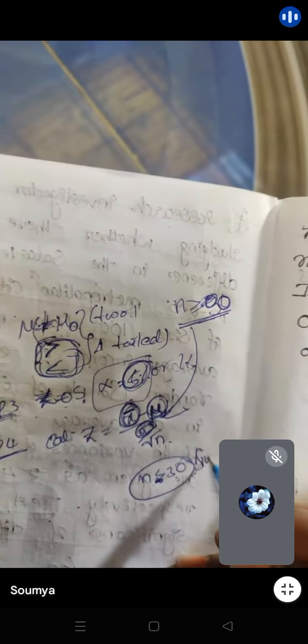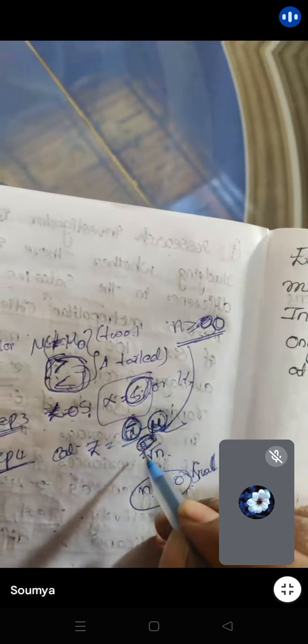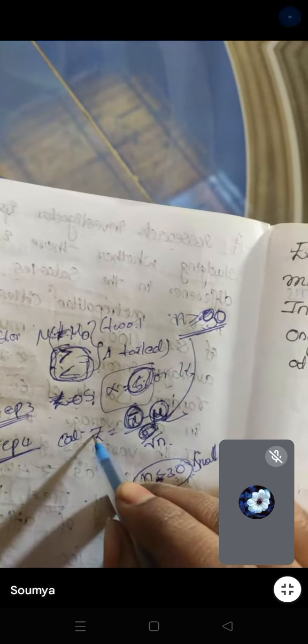For n less than 30, that is a small sample, and we will explain that as another topic in another class. For a large sample, you have to go for the z test. So you will get a calculated z, and according to the level of significance, you will get the tabulated z value.